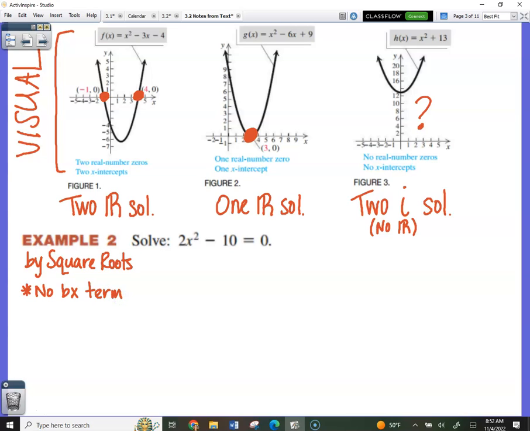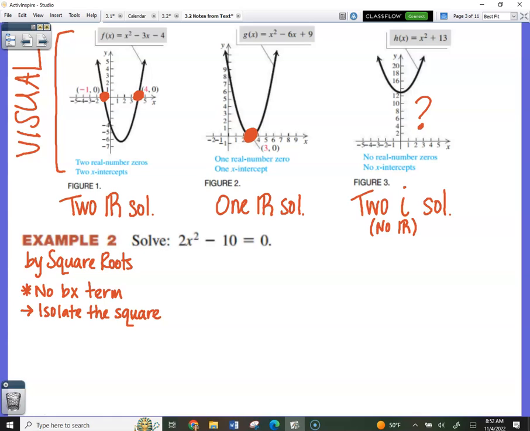The x to the first power term is non-existent, which is your clue, solve by square roots. To solve by square roots, you want to isolate the squared. Whatever is being squared, whether it's a variable or a binomial, you want to get it by itself.